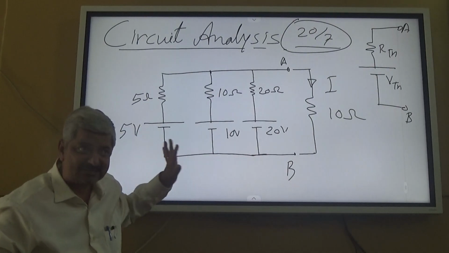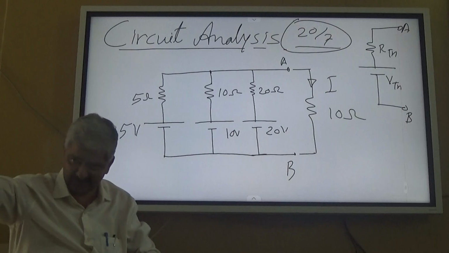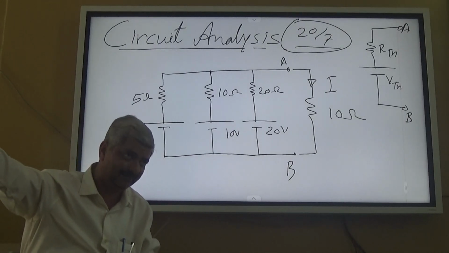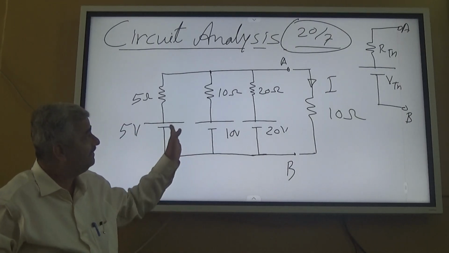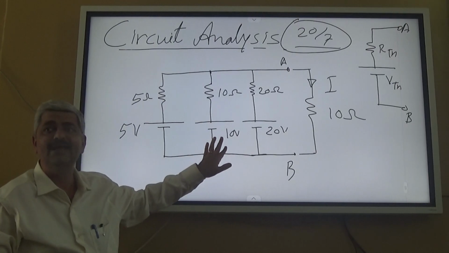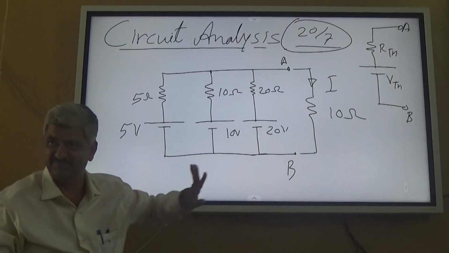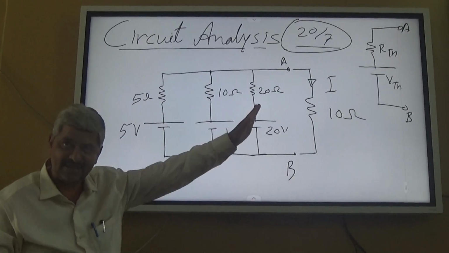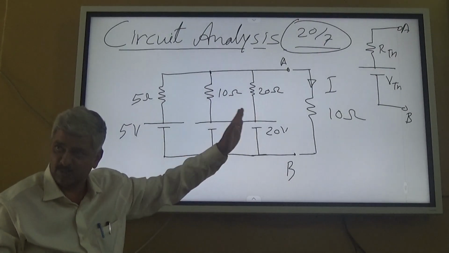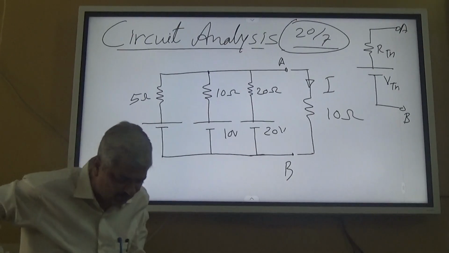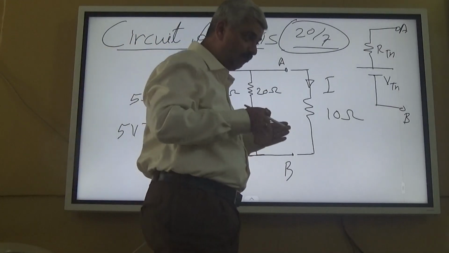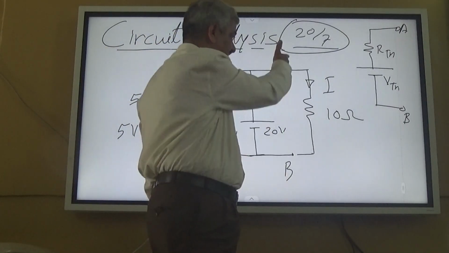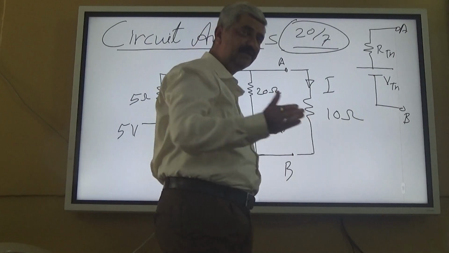In this particular example, what he has said is a correct approach: I have to find Thevenin's equivalent circuit by using the superposition theorem. Resistors are calculated by the method, but for open circuit voltage, what does open circuit mean? You have to cut, other things will remain as they are.